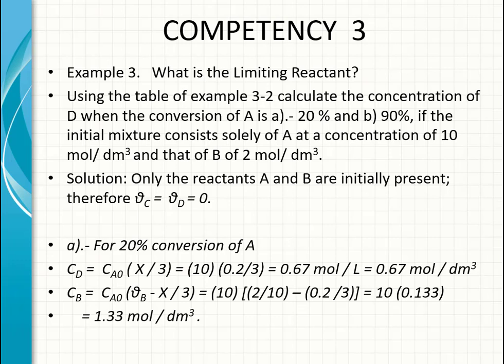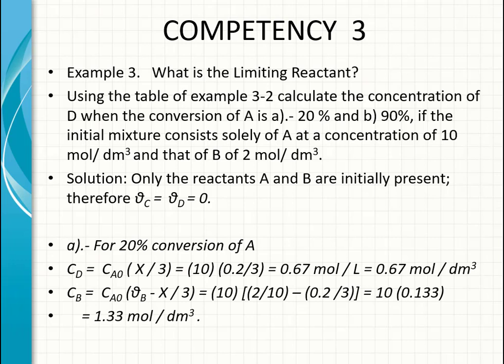And the concentration of B will be Ca0 times theta B minus X divided by 3. So this is going to be Ca0, which is 10, times theta B, and we will get it from the concentrations of B0 and A0 at the entrance.